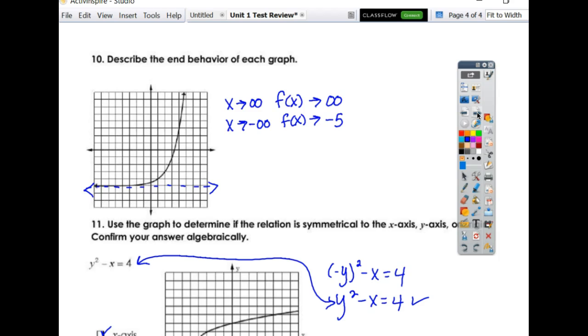And it goes to infinity. But as x goes to negative infinity, what's happening to the y's? Goes to -5 because that's where the asymptote is. So jump gets the x equal, and the end behavior gets the y's. And it gets the horizontal asymptotes.